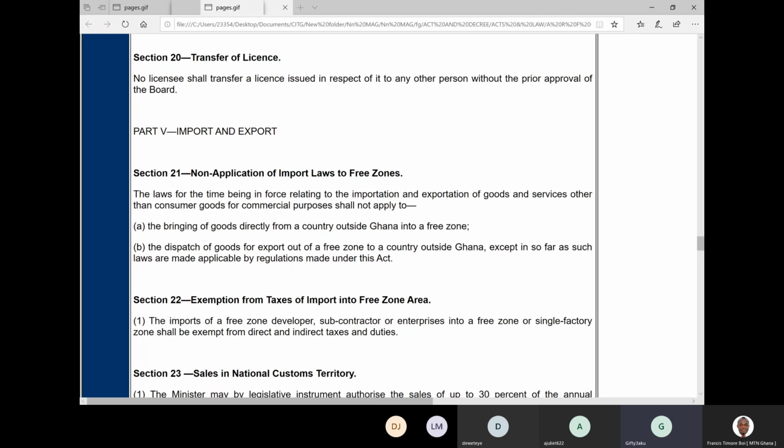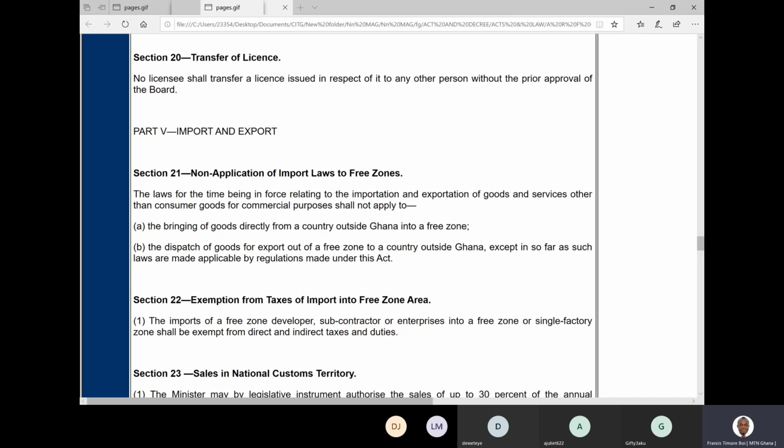The minister may, by legislative instrument, authorize the sales of up to 30% of the annual production of goods and services of a free zone and single factory zone enterprise to the national customs territory. Good. So they are permitted to sell up to 30% of the annual production into the local market.